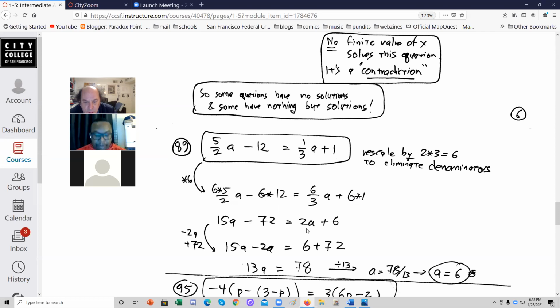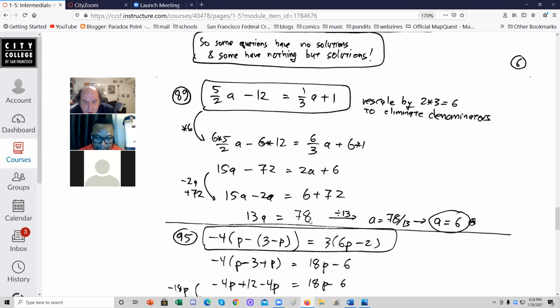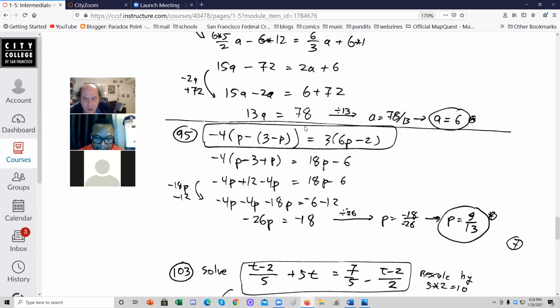We'll transpose the 2a to the left by subtracting 2a from both sides. So you get on the left 15a minus 2a, and on the right 6 plus 72. Therefore 13a equals 78. Divide both sides by 13 and get a equals 78 over 13. And that means a equals 6. So that's the solution, a equals 6.